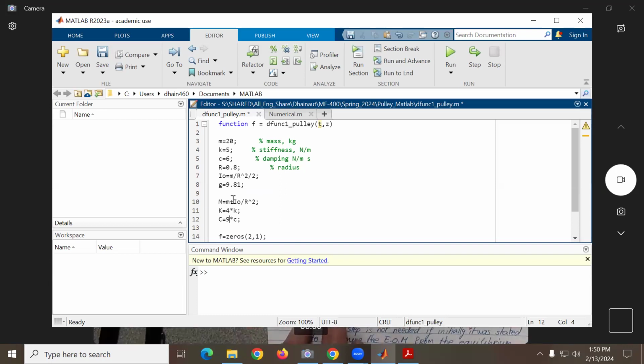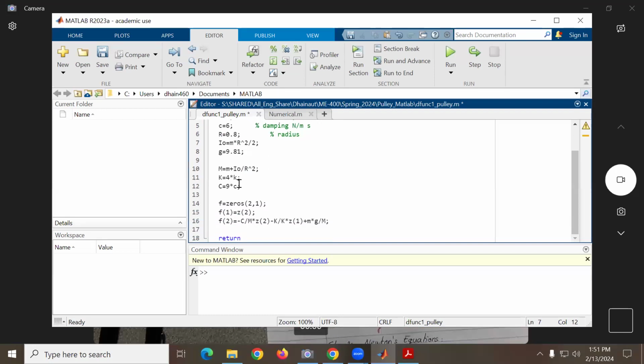Yeah, we have I sub O, MR squared. Yeah, but up there, you have it divided by R squared. Correct. Thank you. And then for C, how much did we have? 12? Oh, 16. Unless I'm wrong, 16, no?